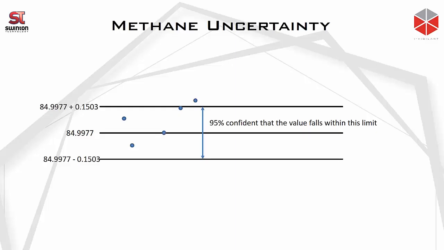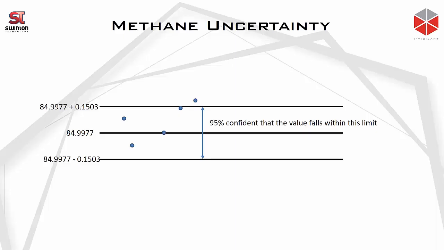If you see these individual components here, this is where the methane component can fall. It's basically within this range, and sometimes can actually go slightly outside this range. This limit here is basically our 95% confidence that the value falls within this limit.